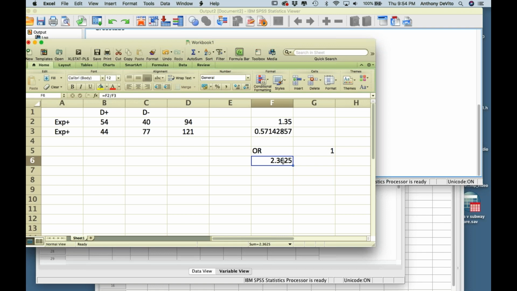Our relative risk also showed an increase in risk because of smoking, right? And again, we would want to know a 95% confidence interval for the odds ratio to make sure that we can say with less than 5% chance of being wrong that it's different than 1.